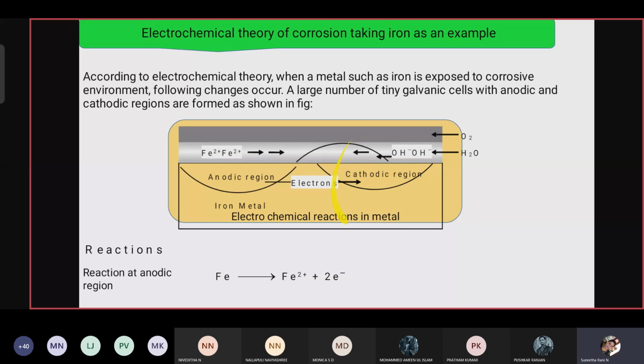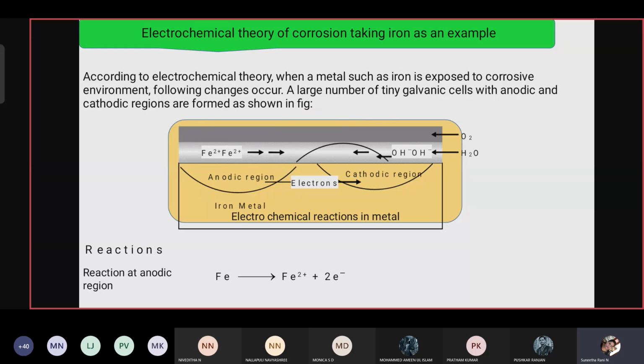When it comes to the cathode, this is the cathode portion. In this cathode portion, moisture, water, and dissolved oxygen are present. When these liberate OH- ions, the OH- ions react with the Fe2+ ions under three different conditions.